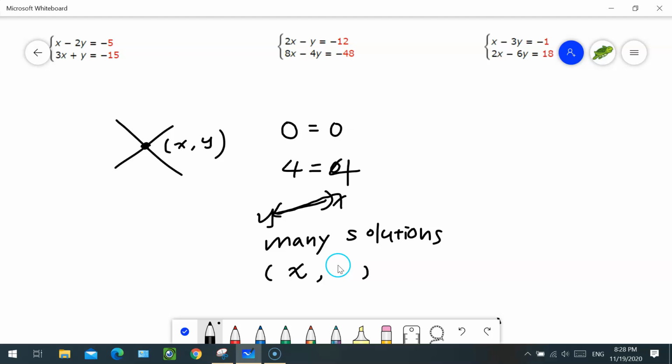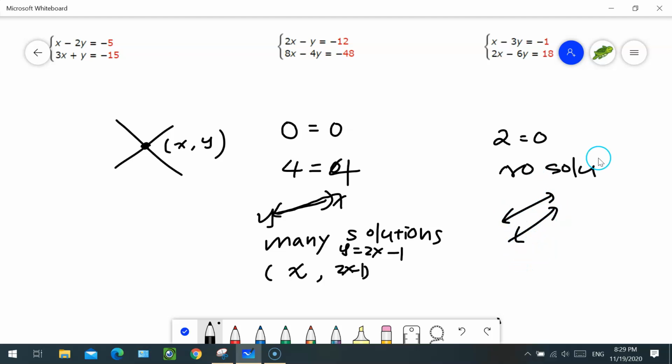So this is something like 2x minus 1, because your y is equal to x minus 1. When you solve the equation and the result gives you something like 2 equals 0, this is not a true statement. So in that case, this one has no solution because the two lines are parallel.